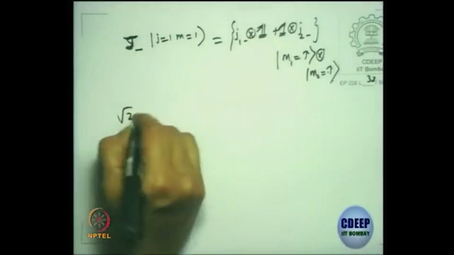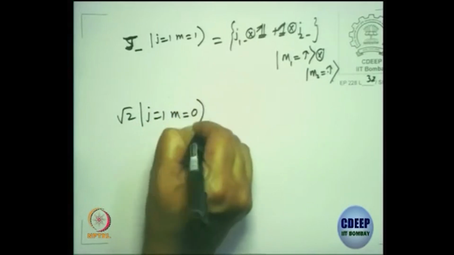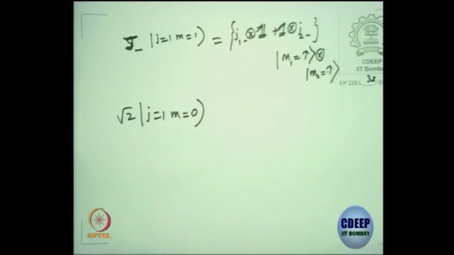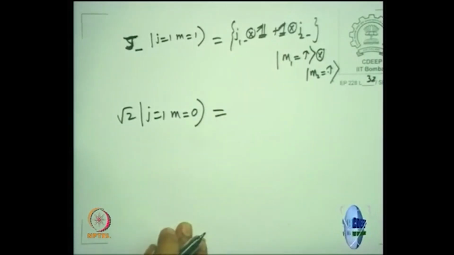Uncoupled basis is a tensor product of two states. This is another way of writing. This we have already done. This side is square root 2, j equal to 1, m equal to 0, times h cross.